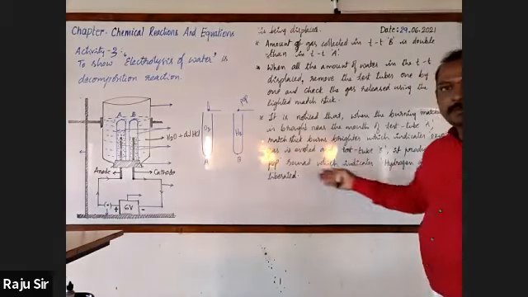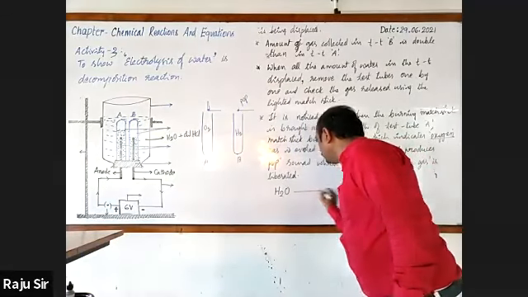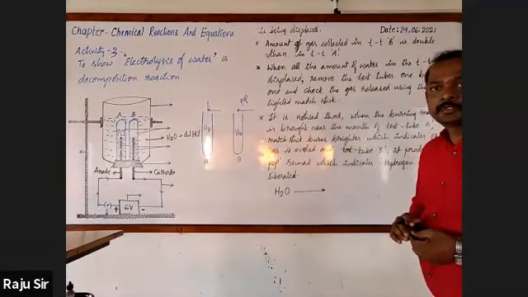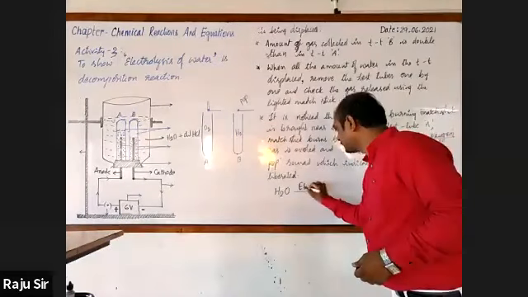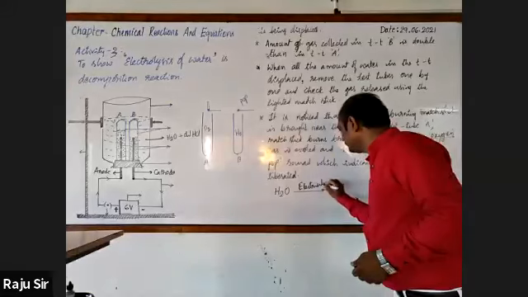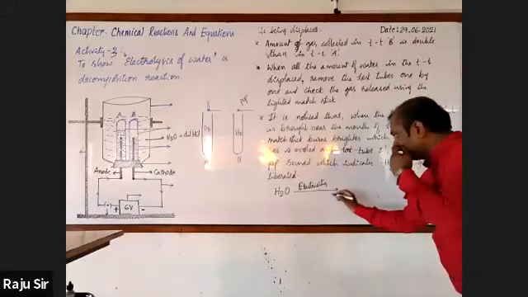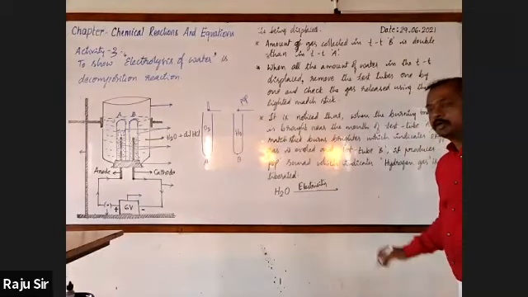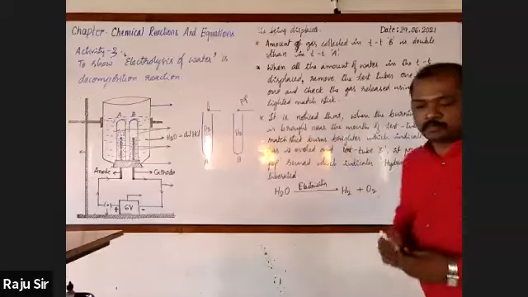Now, with respect to this, we can write a chemical equation as H2O gives rise to hydrogen and oxygen. Here we know that it undergoes decomposition by passing electricity. Then by passing electricity into the water, it gets split up into hydrogen and oxygen. Please go for balancing it.